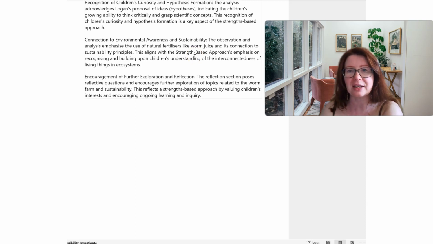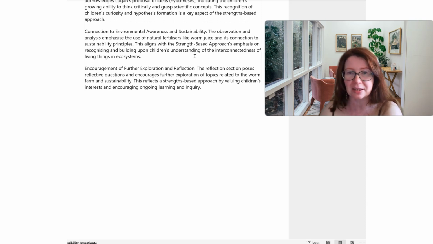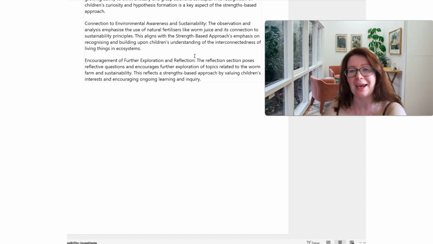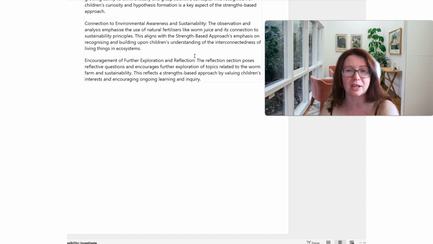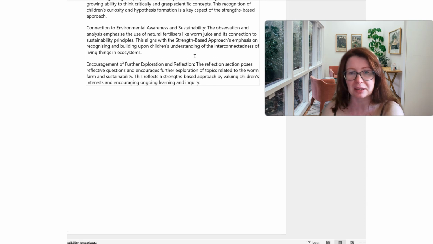I also recognized the curiosity of children in grasping the scientific concepts, and I also used language that is strengths-based, not deficit-based. I talked about what children are able to do, and in terms of future goals, I talked about what they would be able to learn more about sustainability and environmental awareness. So I use the word interconnectedness.